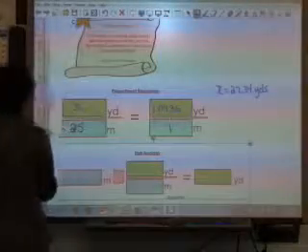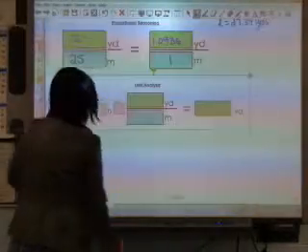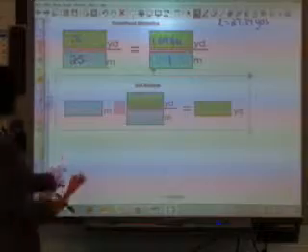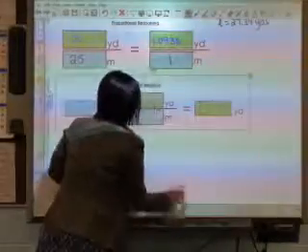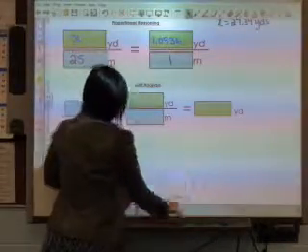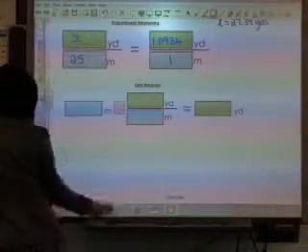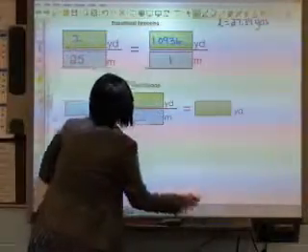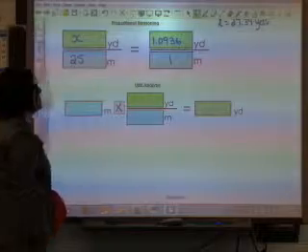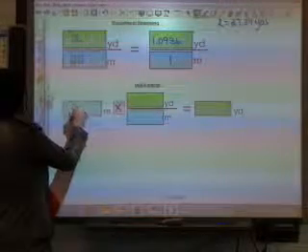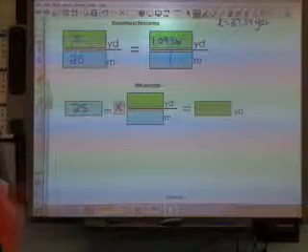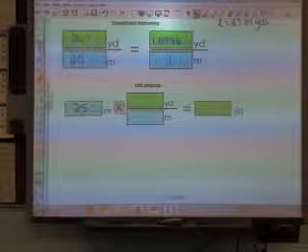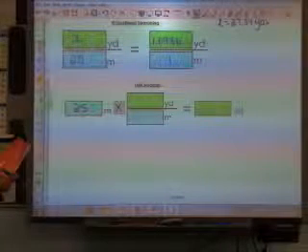Unit analysis is different. In unit analysis, we use multiplication. We multiply. So I'm given 25 meters. I want to cancel out my meters.